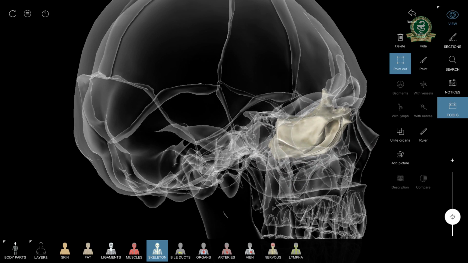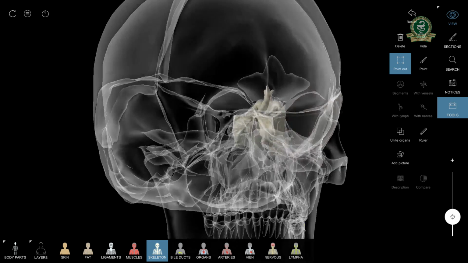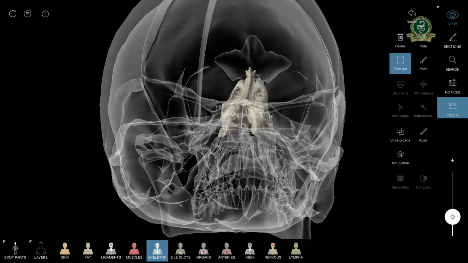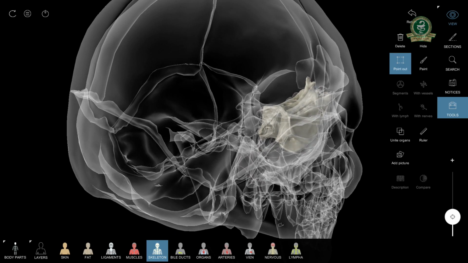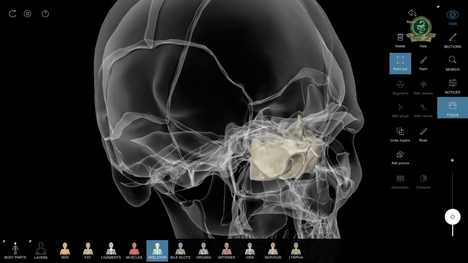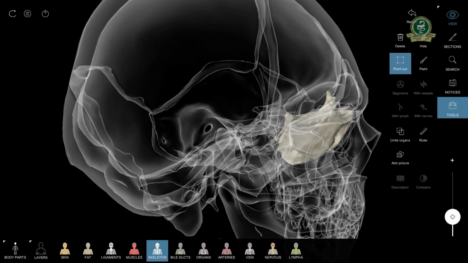The ethmoid bone has the cribriform plate, here. The cribriform plate lies in the anterior floor of the cranium and forms the roof of the nasal cavity. This one is the nasal cavity, the roof of the nasal cavity, and this is the cranium. And the cribriform plate contains olfactory foramina.